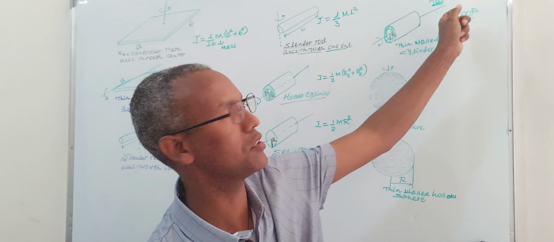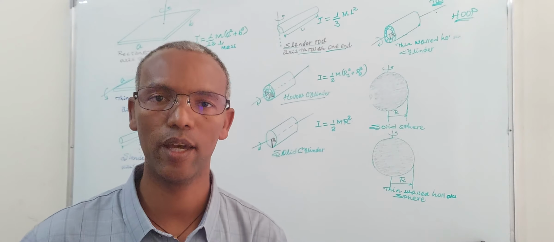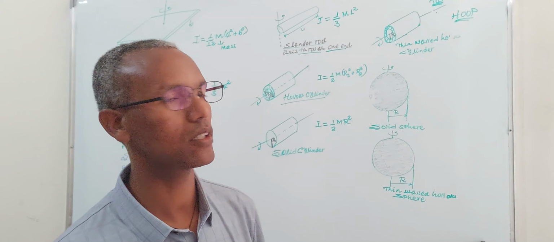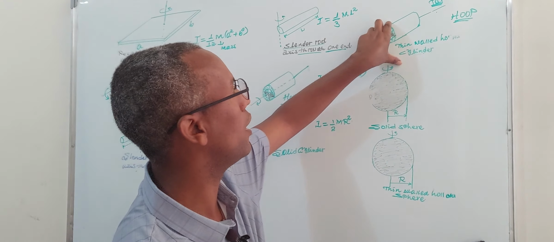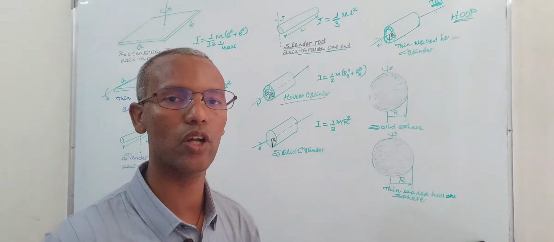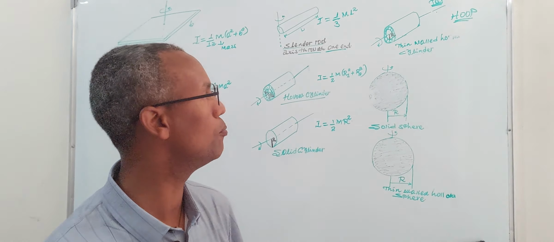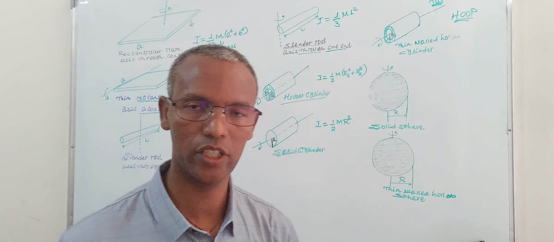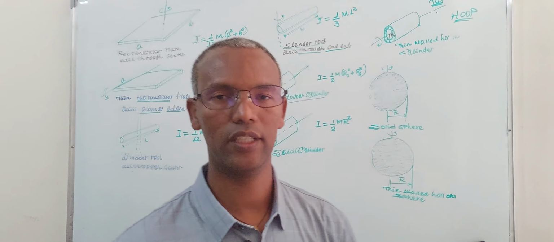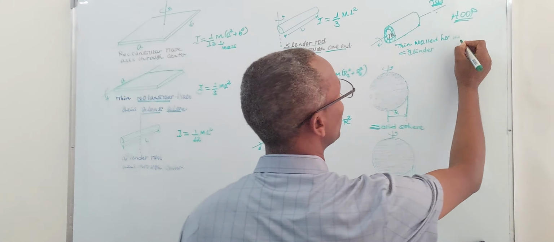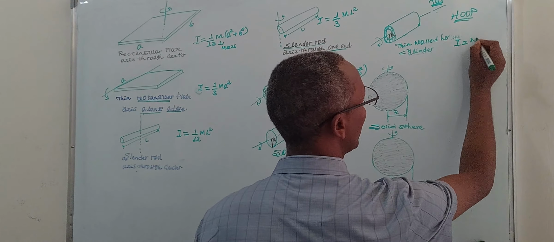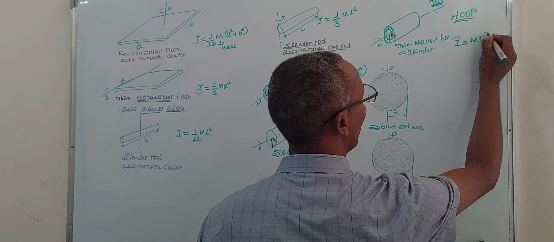I'm sorry for the mispronunciation. So you can use a tape as an example of this, a tape or hoop. To find the moment of inertia or rotational inertia for a hoop, you can use moment of inertia equals mass multiplied by r square.